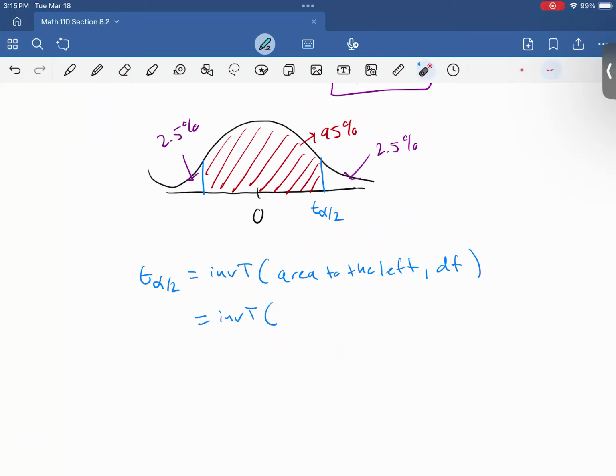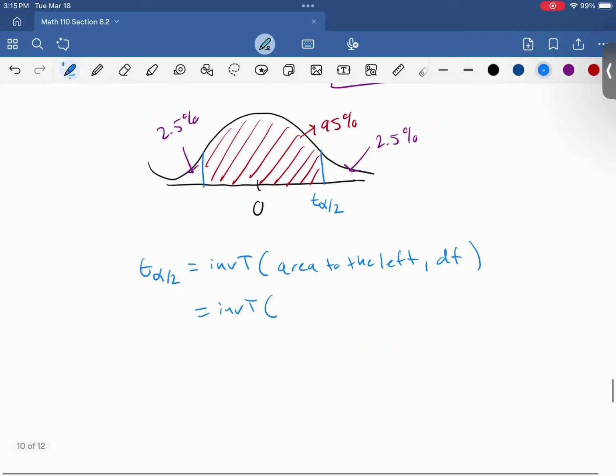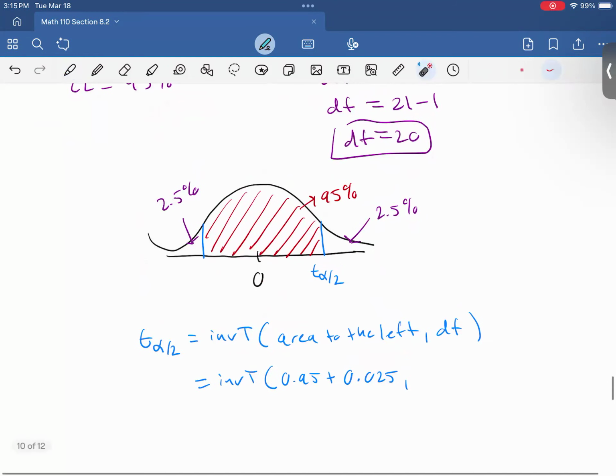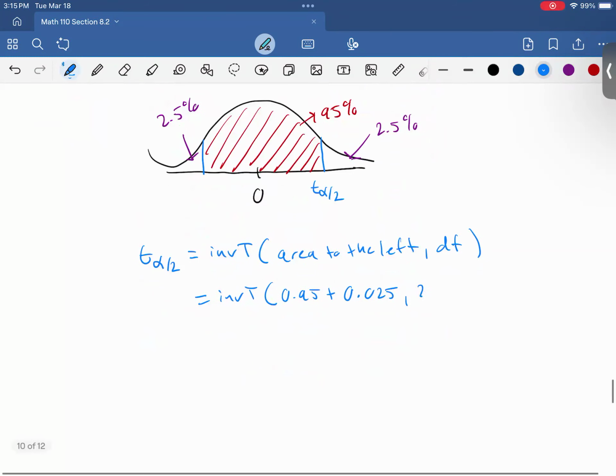Well, our area to the left is everything from our desired t-score all the way out to the left. So this whole middle section is 95%, and then I'm going to tack on that 2.5%. So it's going to be 0.95 plus 0.025. And then my degrees of freedom I found to be 20.